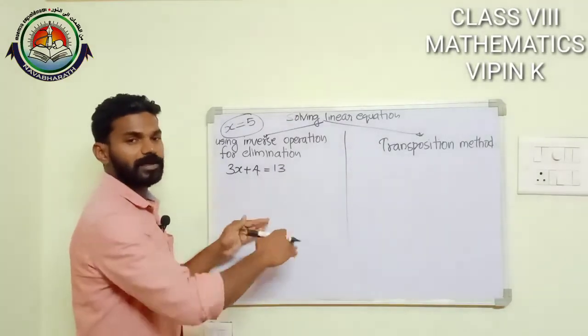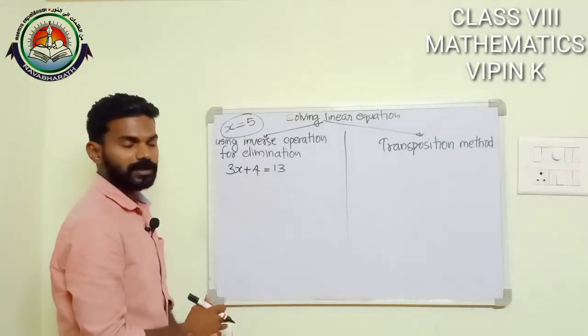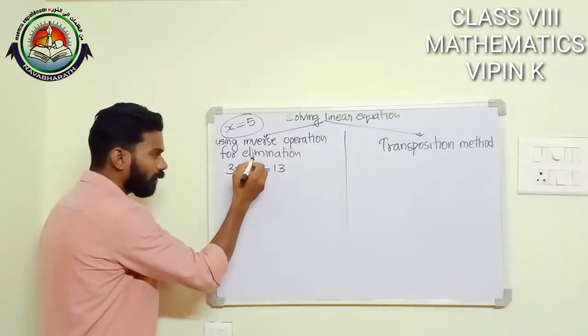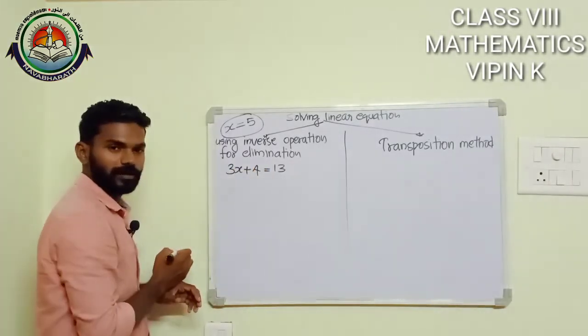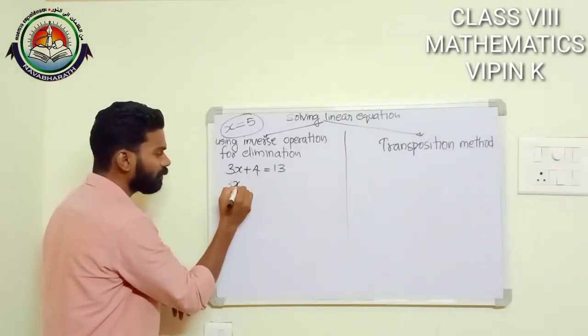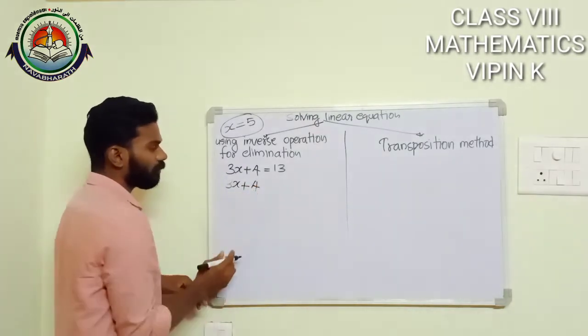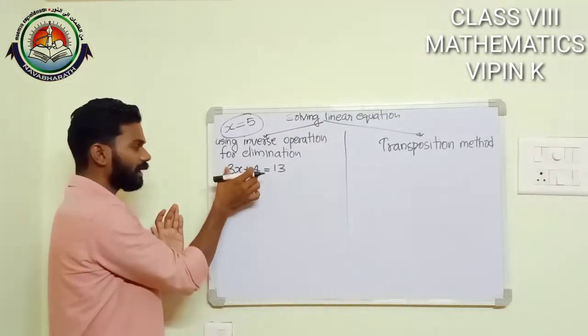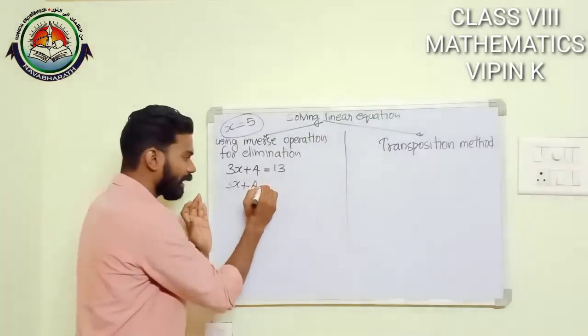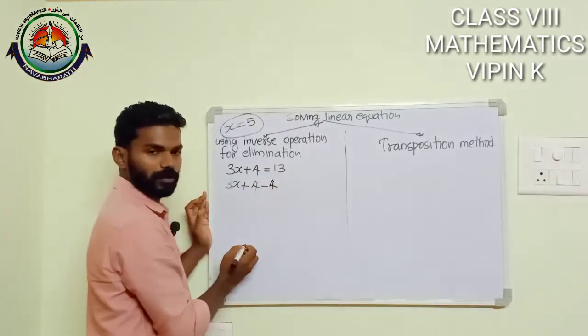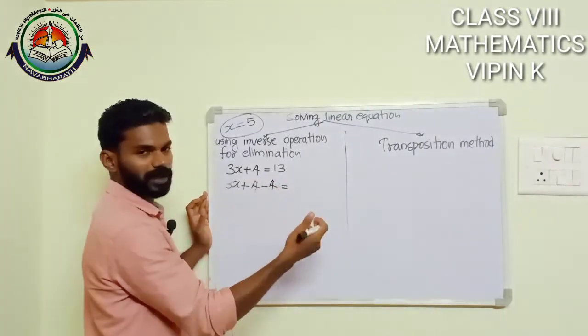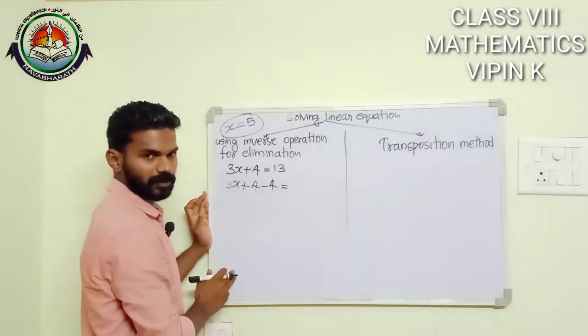Same operation and same number. So in the first step, I am going to eliminate this 4. For that, I need to subtract 4 from the LHS. It is 3x plus 4, then I am doing minus 4. And the same thing has to be done on the RHS also.